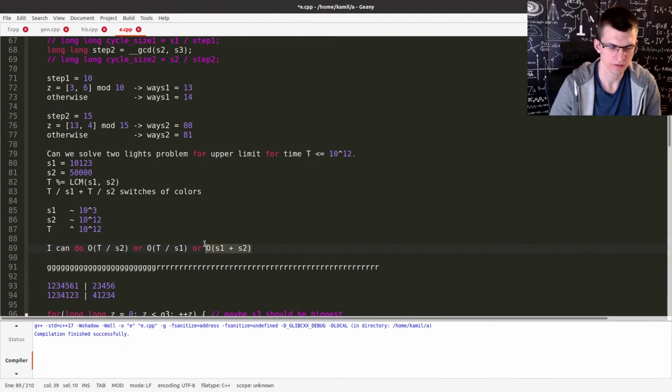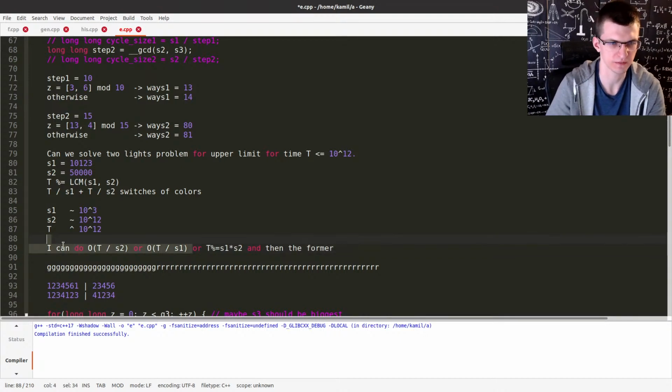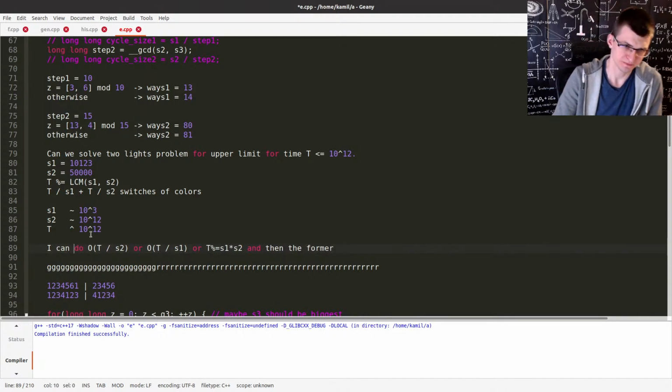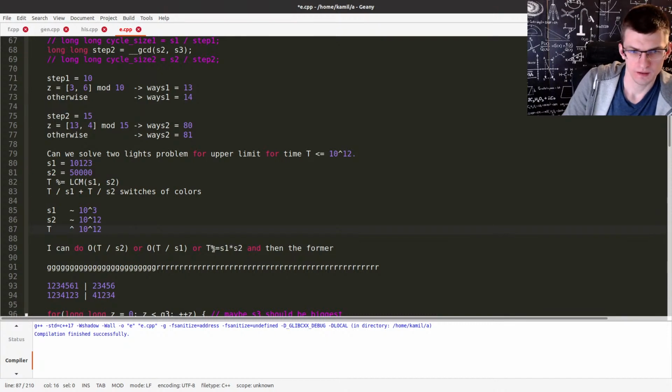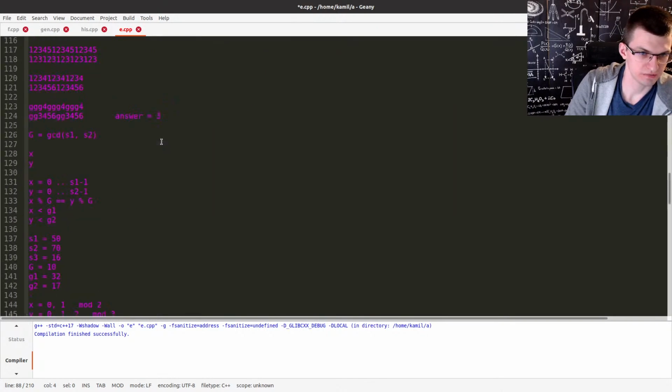I mean, what do I mean with that? Oh, or t modulo equal that, whatever, and then the former, this. Yep, that's solved. And this is squared. Right, that's some solution.